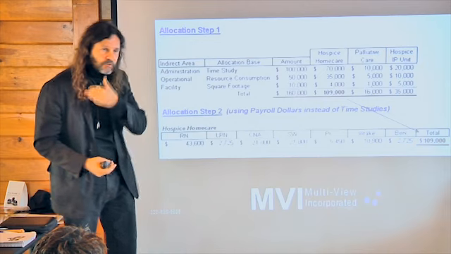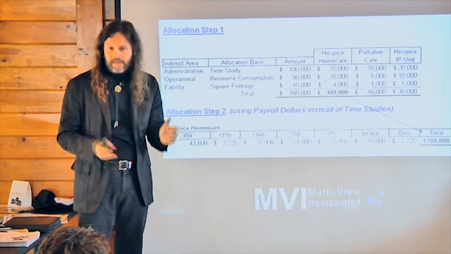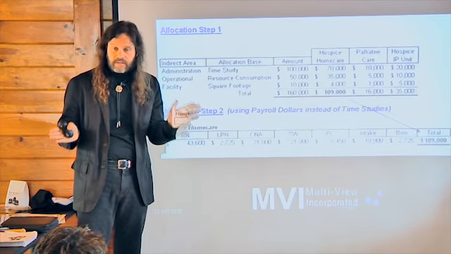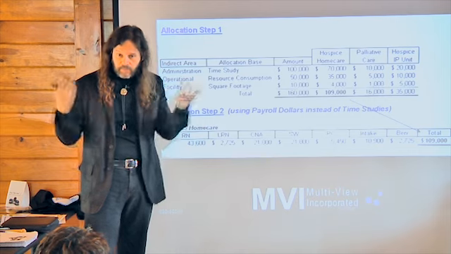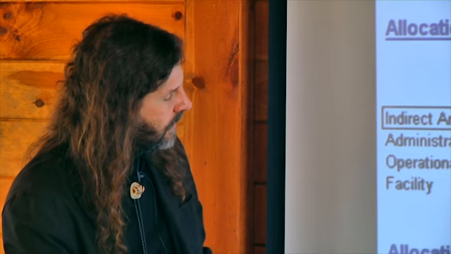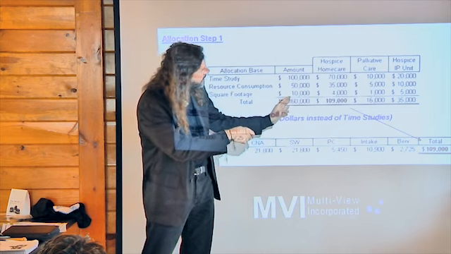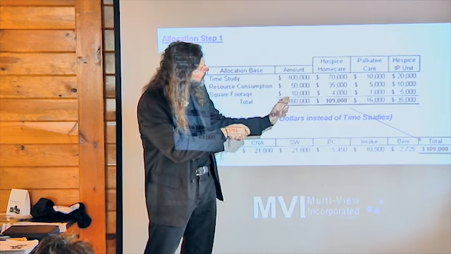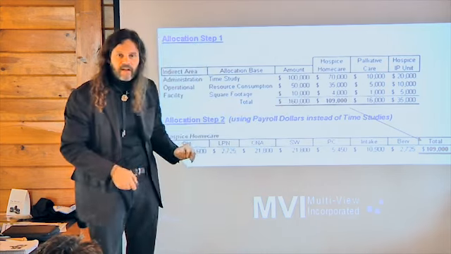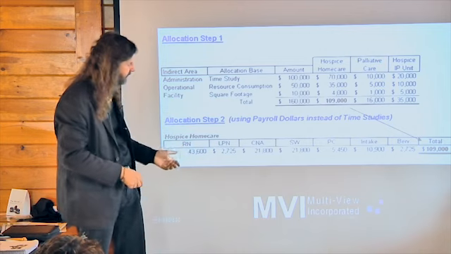And this is a very rational approach, and it's very consistent, so everybody's numbers are run through the same thing. So here, of that $160,000, we have $109,000 of indirect cost that needs to be allocated to the hospice home care business segment.